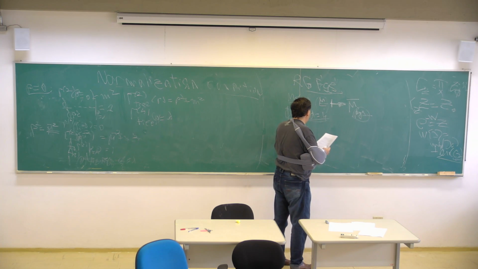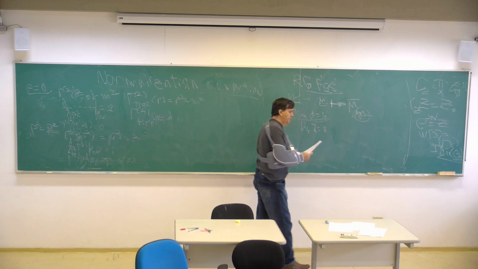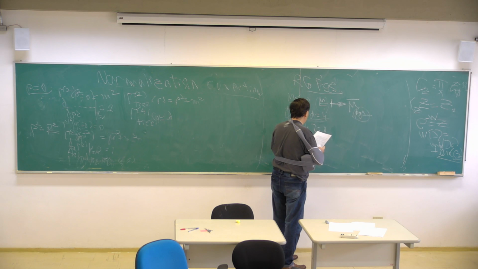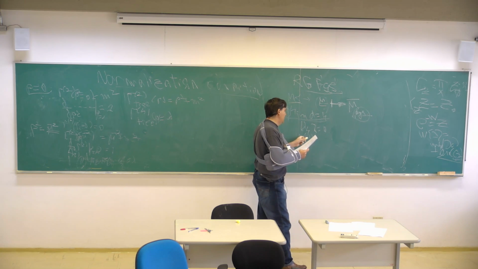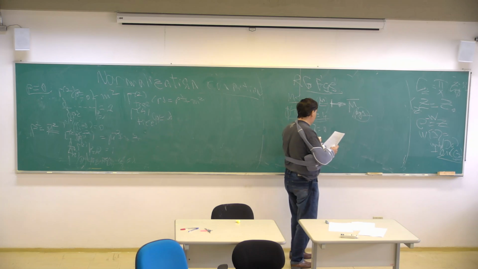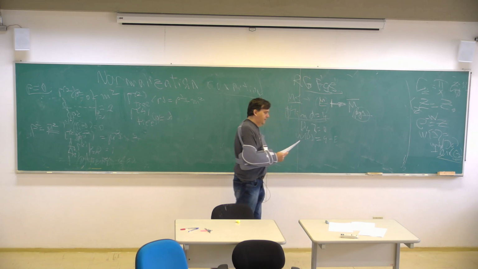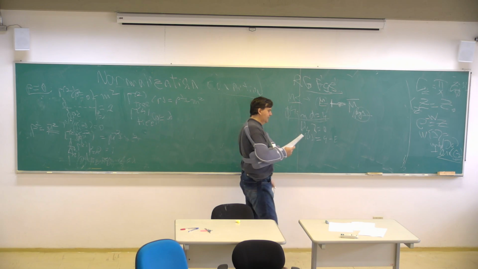And in this case, we've seen that the coupling constant is dimensionless in 4 dimensions. And we've seen that also in 4 dimensions, the superficial degree of divergence was 4 minus E, 4 minus the number of external lines.